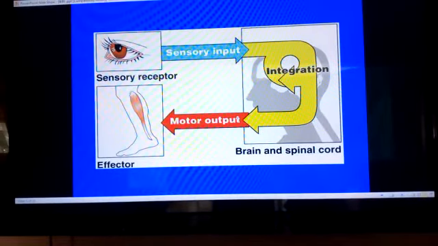In this clip, we have some of the major components that we are going to discuss. We pick on the eye as one of the sense organs, and look at how it helps us evade some dangerous stimulus.